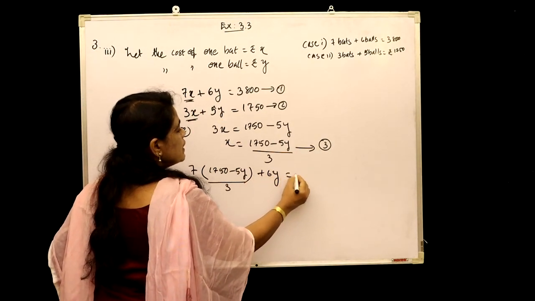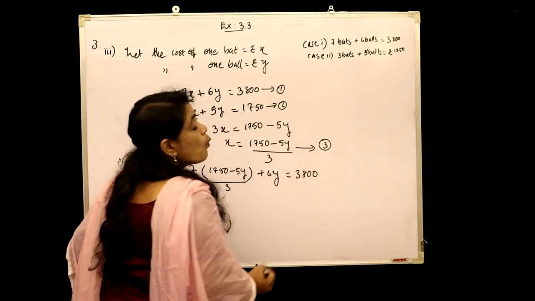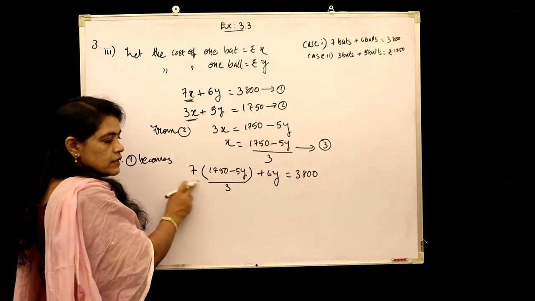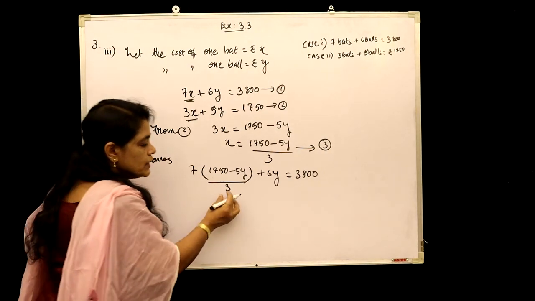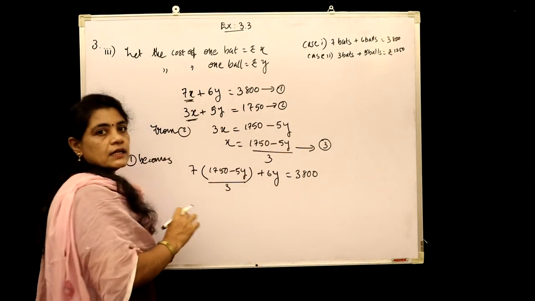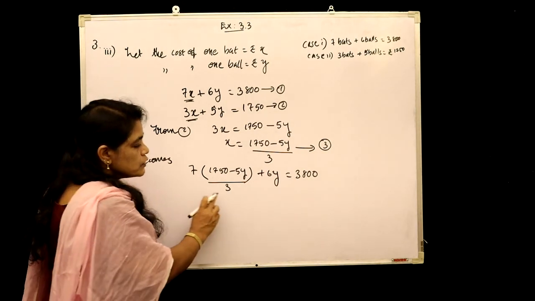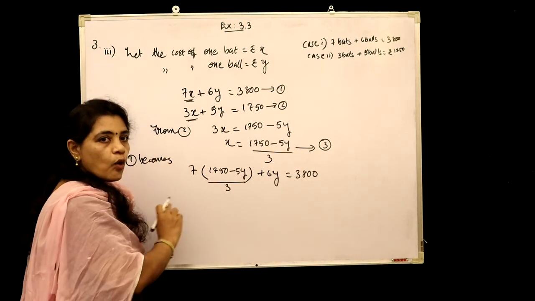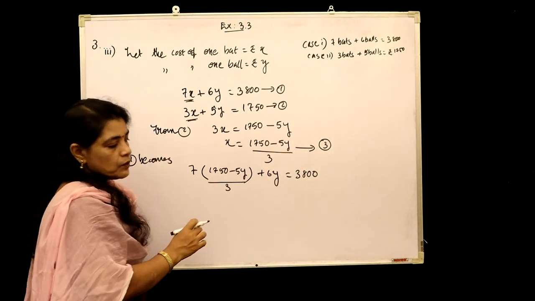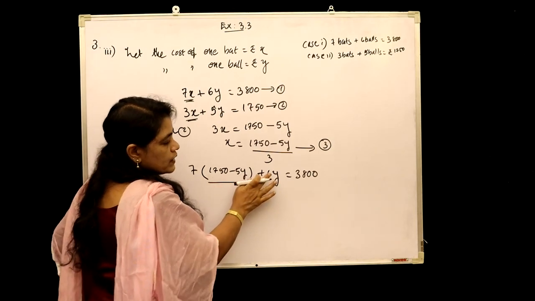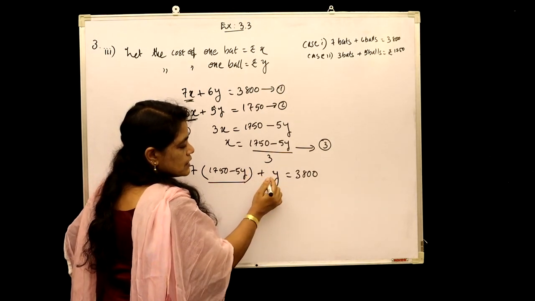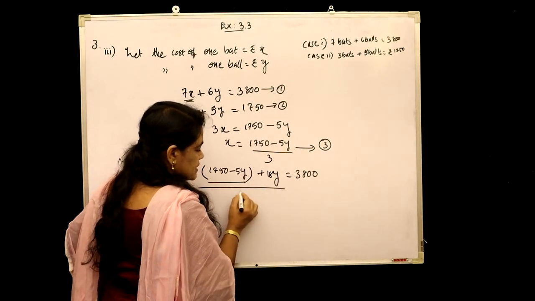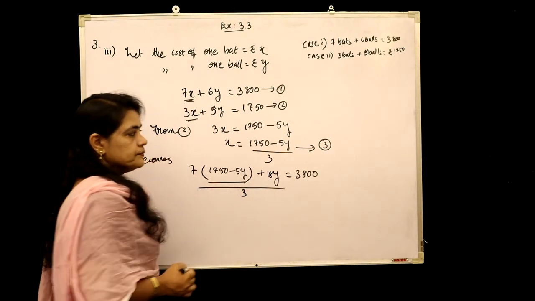After substitution we have an equation with only one variable, that is y. Since 7 is not a multiple of 3, we have to take this 3 across by cross multiplication. So this 3 will go with this 6, so 3 into 6 is 18, whole divided by 3.